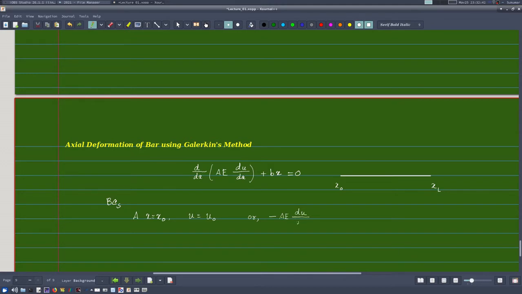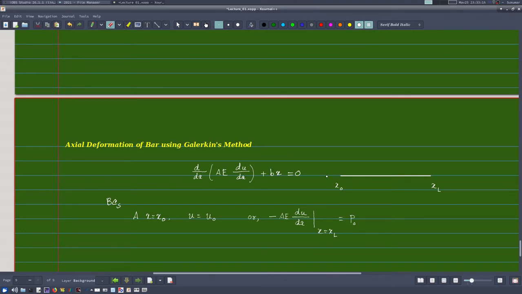This is my force at x equal to x naught is say P naught, if I have a force here as P naught. All right, so I may have either a displacement boundary condition or a force boundary condition.